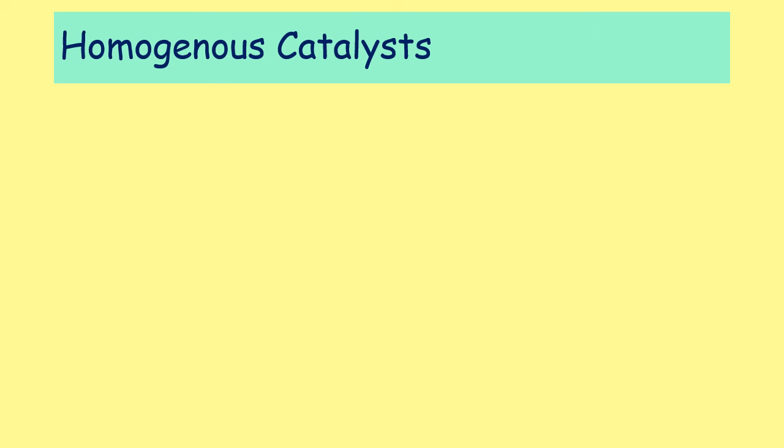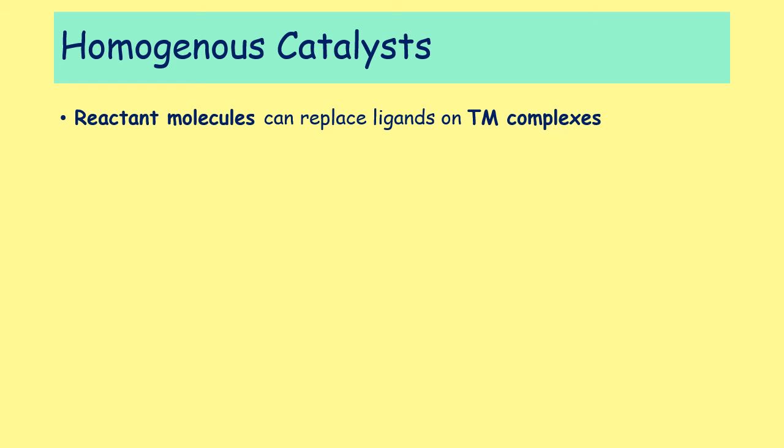Homogeneous catalysis or homogeneous catalysts are less well understood. However, we sometimes do get evidence for them happening. So what happens is that it's usually in solution and reactant molecules replace some ligands on transition metal complexes. So maybe you have a water molecule as a ligand on a transition metal complex.